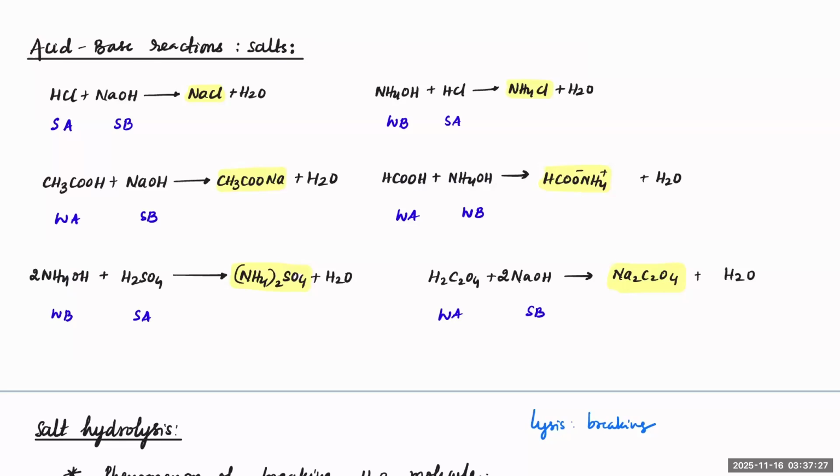Suppose I take X moles here and X moles here. So nothing will be left here. Everything will become salt. Now you might ask, sir, what if you have weak and weak, X and X? Even if it is weak and weak, both will get completely reacted and you'll get salt. So for neutralization, it does not matter whether you have strong or weak species. Based on their proportionate amounts, everything will convert into salt and water.